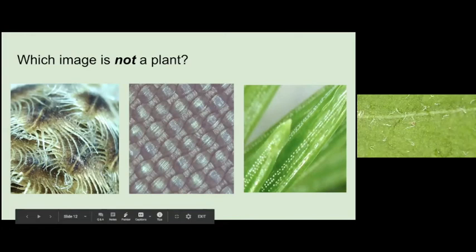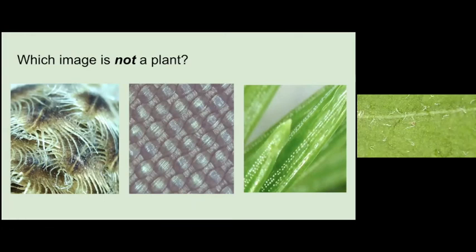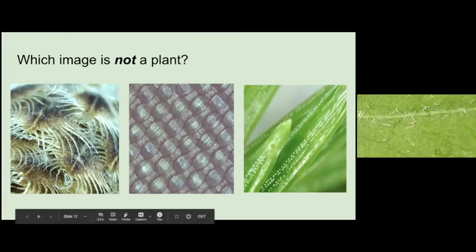What observations are leading you to think that that middle one is not a plant? Because it kind of looks hard. Bumpy. Okay, so we're thinking about the texture of it. It looks kind of hard and bumpy, maybe not like a plant. All right, that's a great observation.